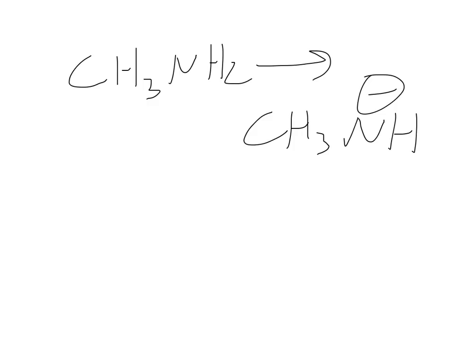So usually if I compare acids and bases, I don't even worry about the acid form. I just look at the relative stabilities of the conjugate bases, and that's how I figure out how acidic it is. If the conjugate base is more stable in one than the other, I'm going to say that one's going to be the stronger acid.